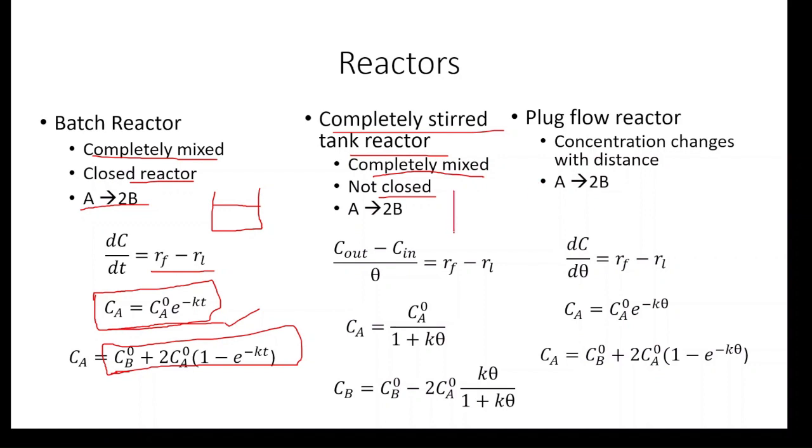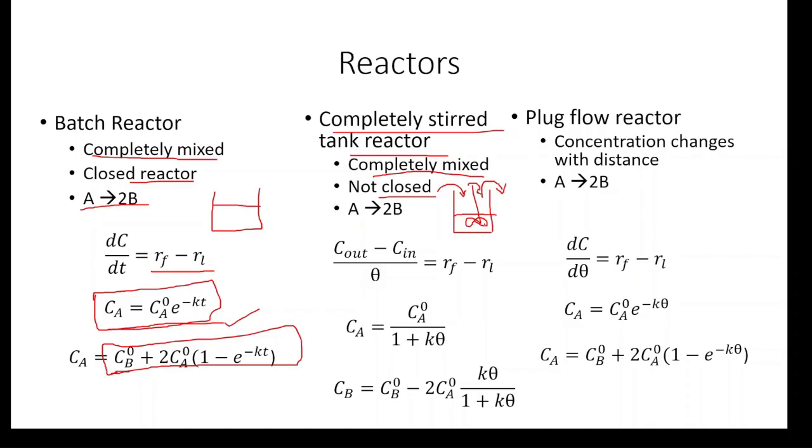But in a completely stirred tank reactor, at one place we can add, and from another place we can remove. If this kind of reactor is there, it is called a completely stirred tank reactor, and it is continuously mixed. There will be stirring and it will be completely mixed.